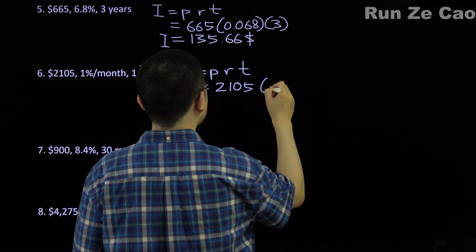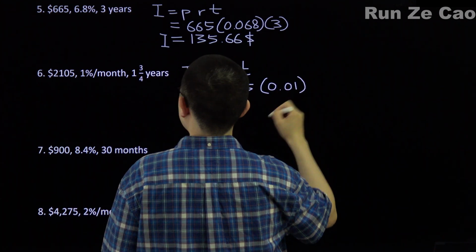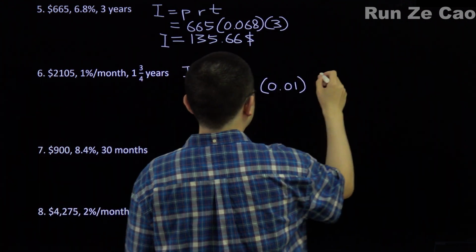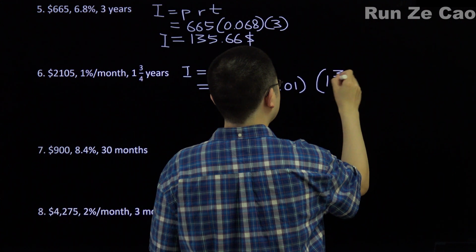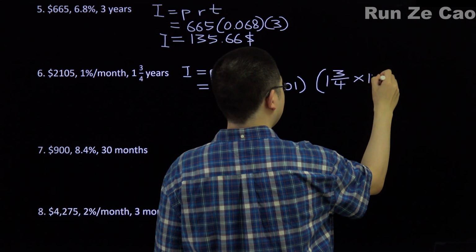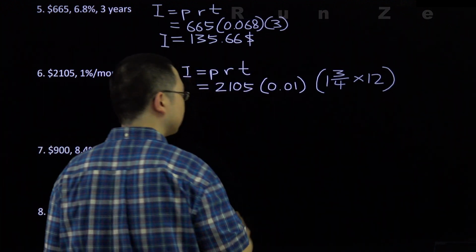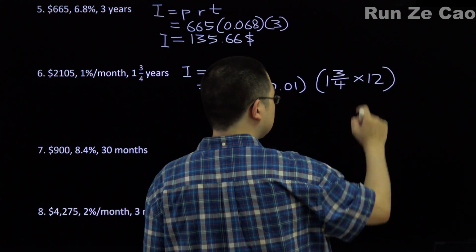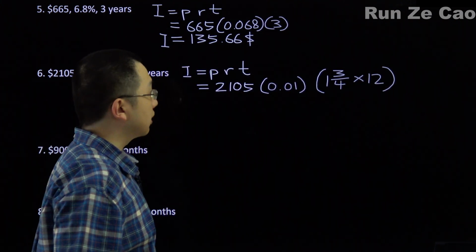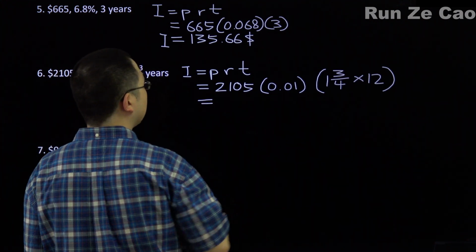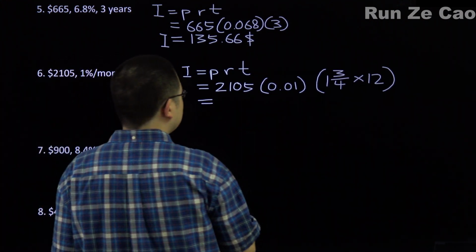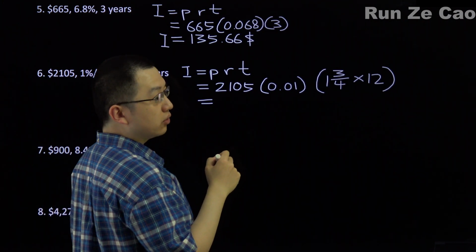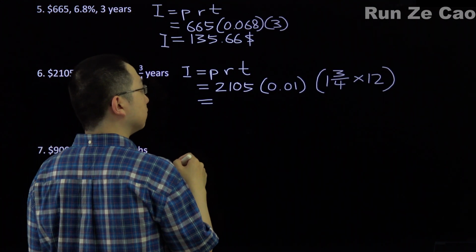The interest rate is 1%, so 0.01. And then the time, because the rate is per month, the time must be converted to months. 1 3/4 years times 12 months per year. Okay, the years cancel out, so we're left with months. Great. That means this bracket is reasonable. Because if you end up getting funny units, you probably did something very bad somewhere.